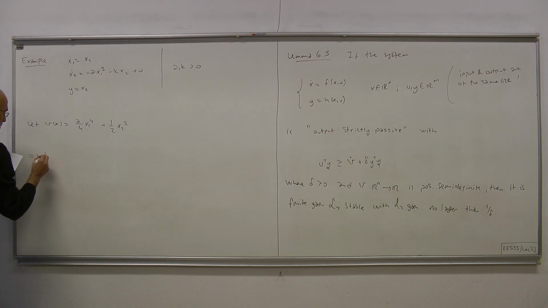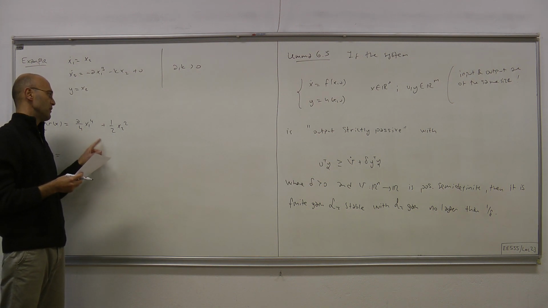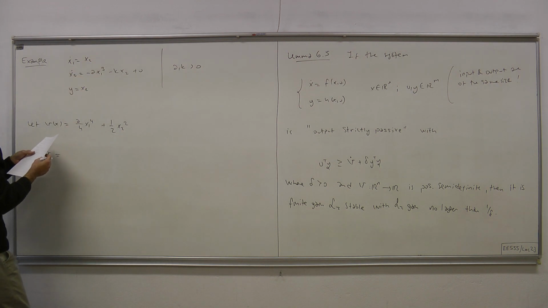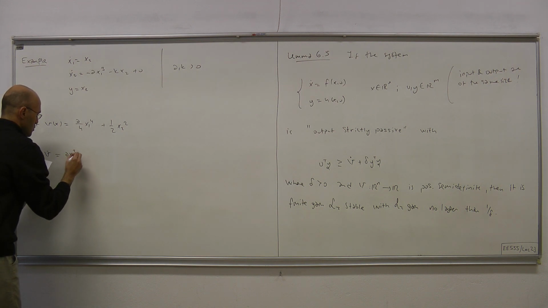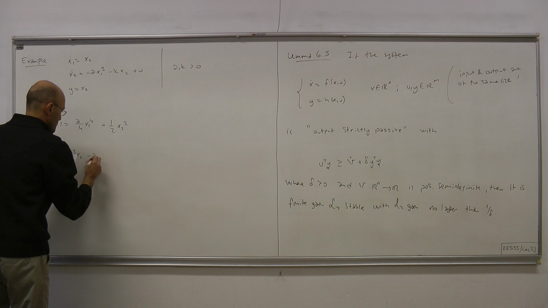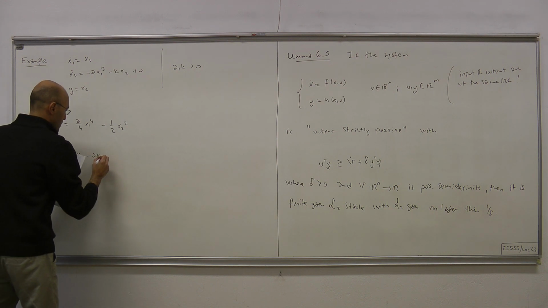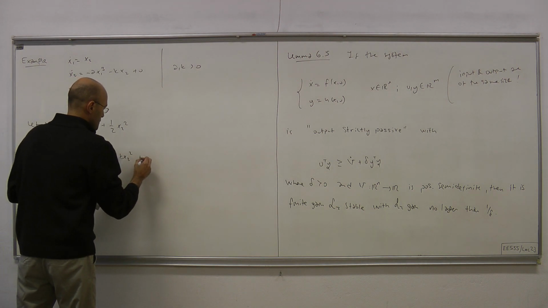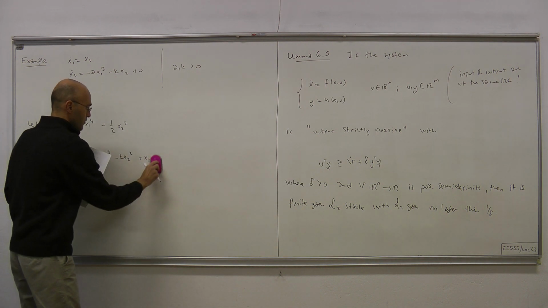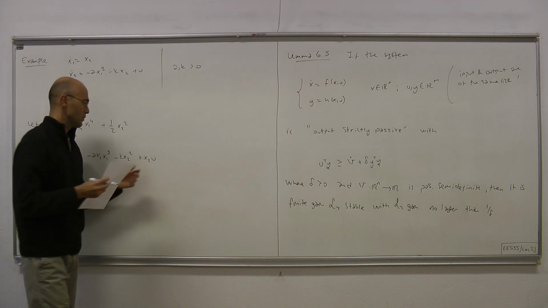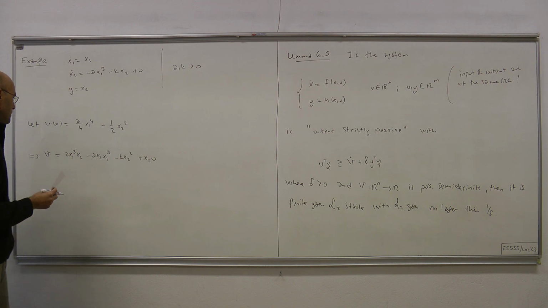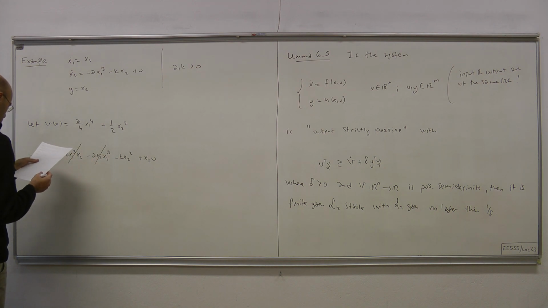Then what's V dot? V dot is a x1 cubed times x1 dot plus x2 times x2 dot. The dots are here, x1 dot and x2 dot. And if you write them down, this is what you have: a x1 cubed x2 minus a x2 x1 cubed minus k x2 squared plus x2 times u, or in other words, y times u, because the output was the second state variable. Okay, so this and that cancel.